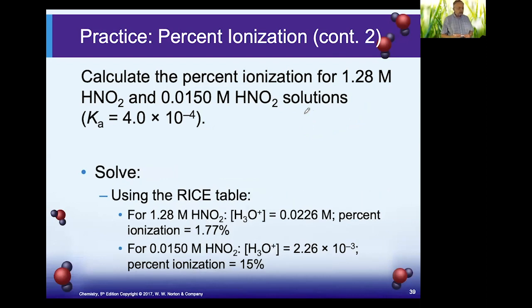So if I do the RICE table and I can avoid the quadratic equation, then I get a concentration of hydronium ions of 0.0226 molar, and then I can calculate the percent by dividing the amount that dissociated over the initial amount, 1.28, and multiply by 100 and obtain a percent ionization of 1.77%. So let's go and do that.